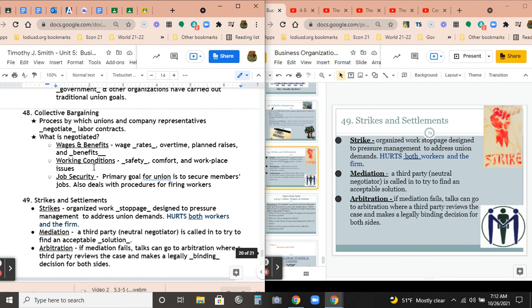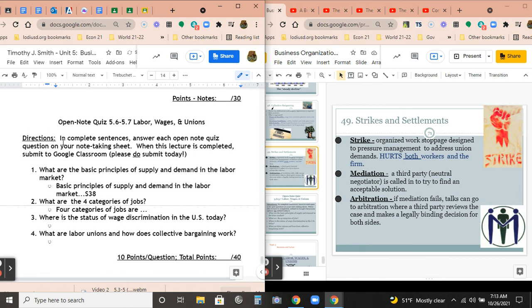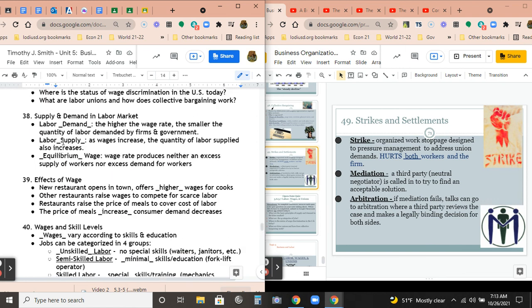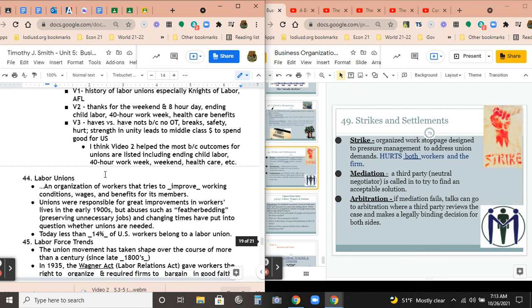This one, it would be slide 38. If I'm going to write a number, I'm going to spell it out the first time. Four categories of jobs are... Slide 40, list them.